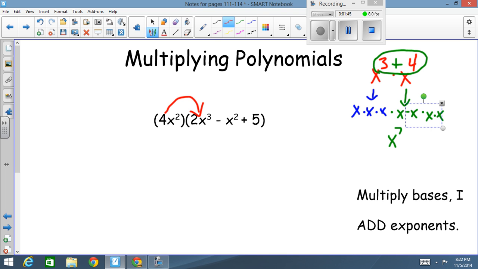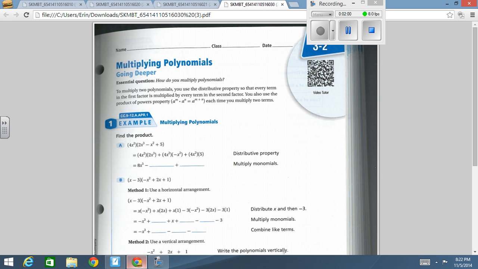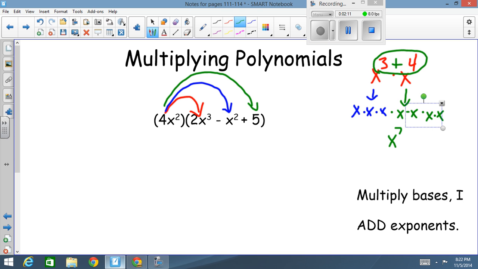I would do an arrow here, probably a different colored arrow here, and a different colored arrow here, and that would probably be the extent of how I would show what's being multiplied. I don't think it's terrible, especially when we're first reviewing, that in part A, the second line, they actually write out, okay, here's what you have after you distribute. Because that can help you get back into the swing of, okay, here's what I'm multiplying, what do I get?